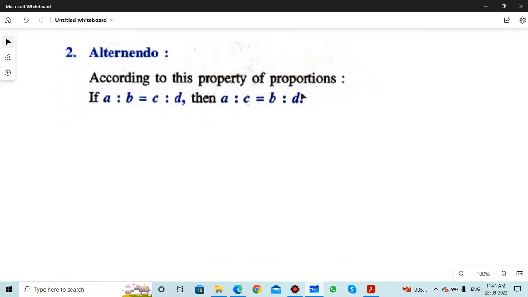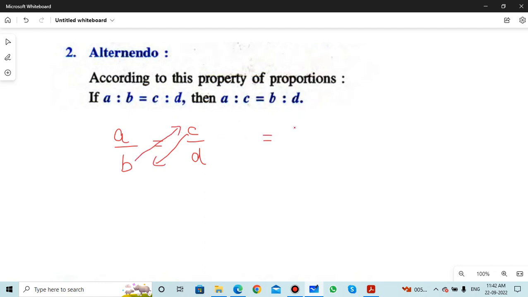According to this property of proportion, A is to B is equal to C is to D. In that case, it will become A is to C is equal to B is to D. How does it happen? Let's see. A is to B is equal to C is to D. What you do is you bring this down and move this to the other side.